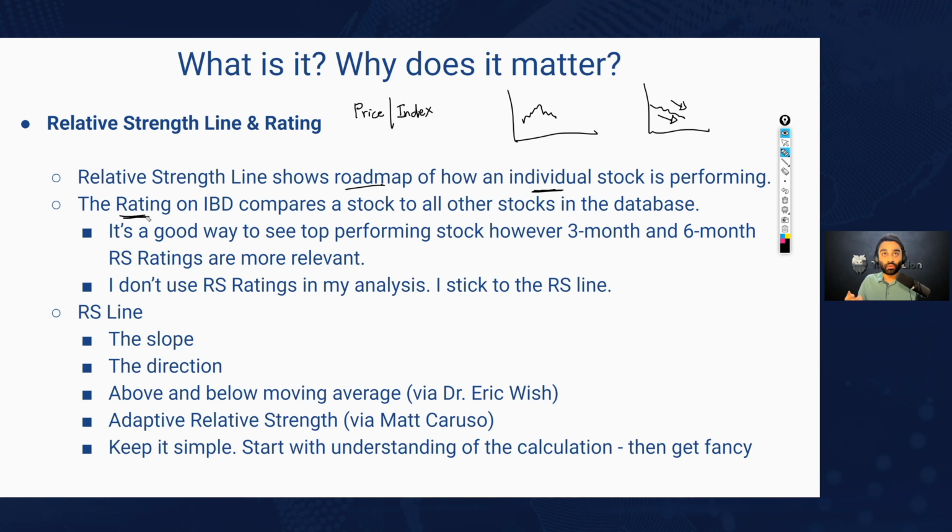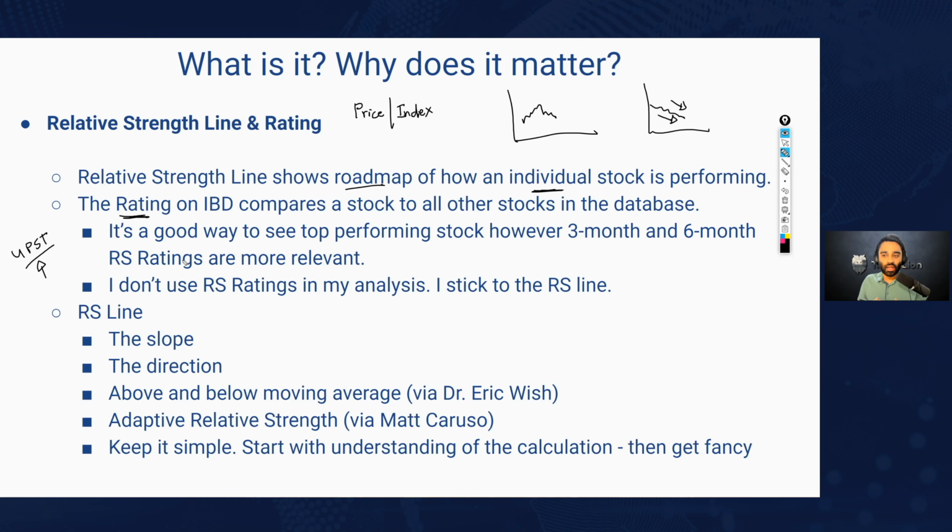Something that's down 50% from the highs can still have a rating of 99. That's because the stock went up 300%, and you'll probably have seen examples of UPST floating around. That is usually used as a thesis that relative strength doesn't work. You probably just don't want to look at it.